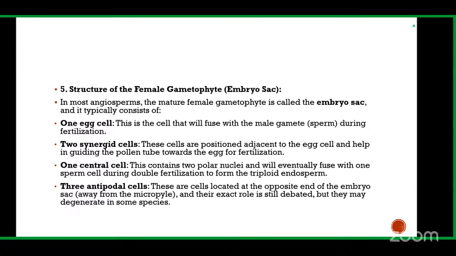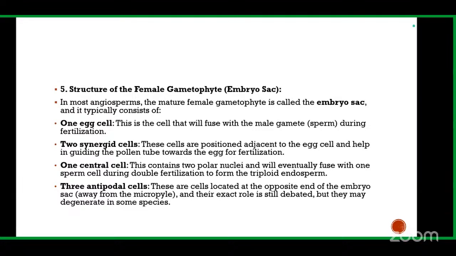I will describe the structure of the female gametophyte, that is the embryo sac. 7 cells, 8 nuclei. In most angiosperms, the mature female gametophyte is called the embryo sac, and it consists of 1 egg cell.